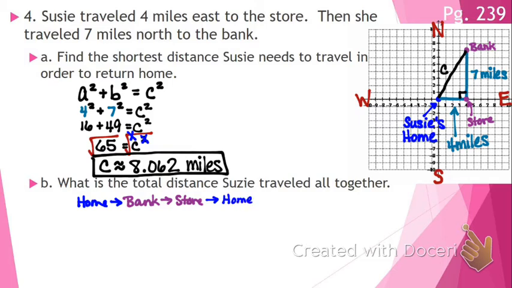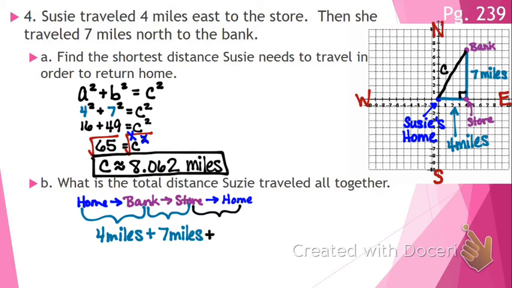So from home to the bank, that was 4 miles. From the bank to the store was an additional 7 miles. And then from the store straight home, that's what we just found up above.